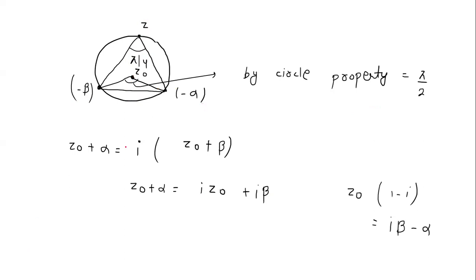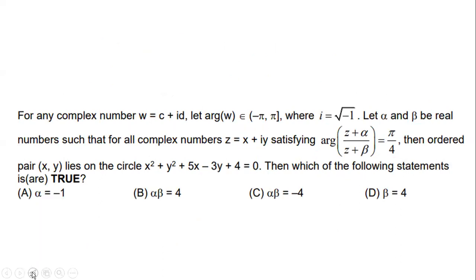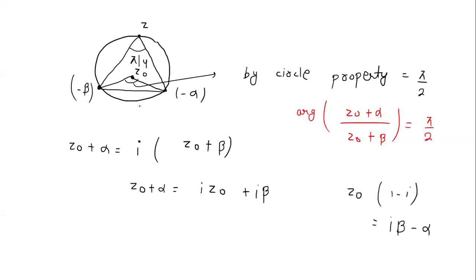By using this property we can write that the argument of (z naught plus alpha) divided by (z naught plus beta) is equal to pi by 2. In the problem it is given that this argument is pi by 4, so using the circle property we can say that this argument, in which the center of the circle is involved, is pi by 2.